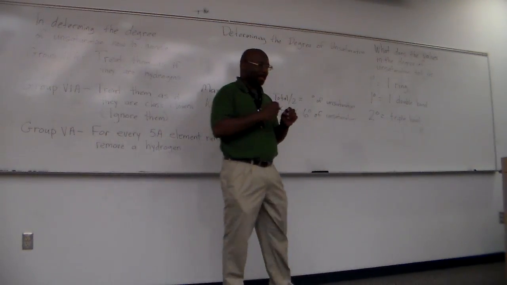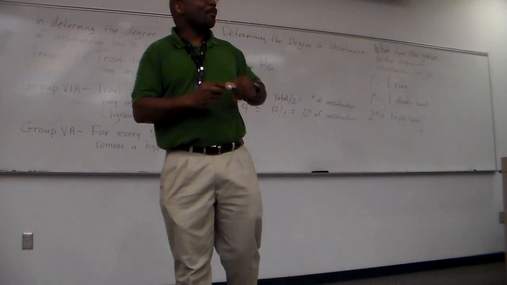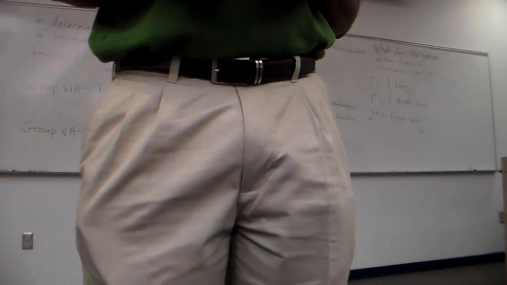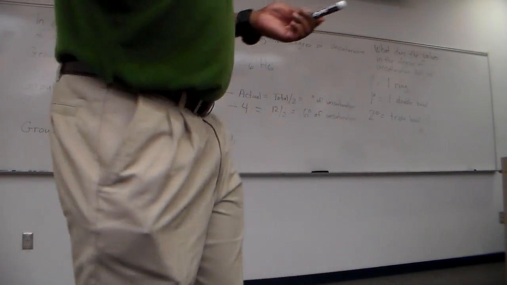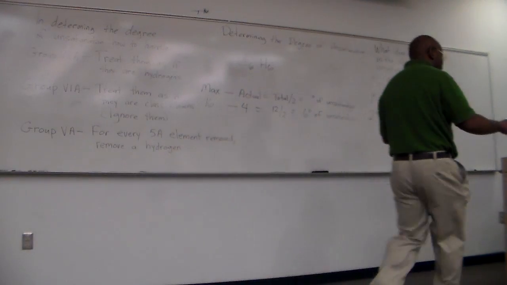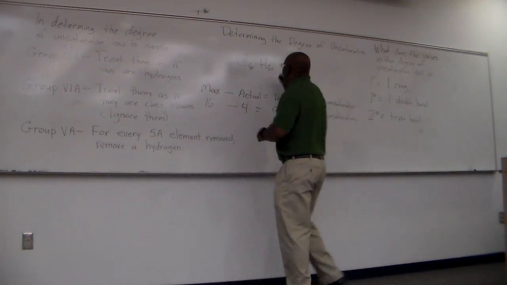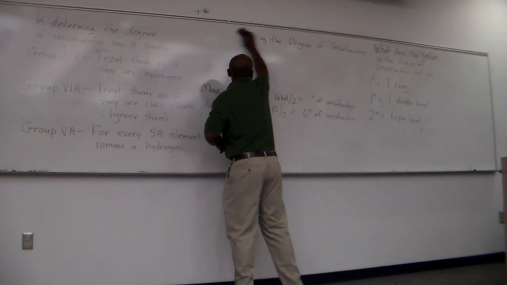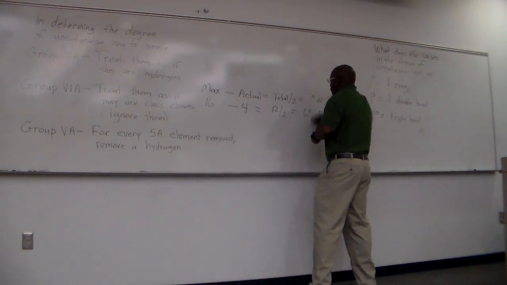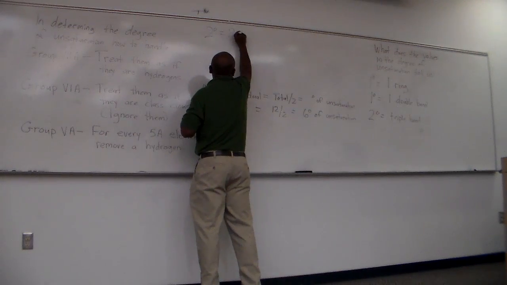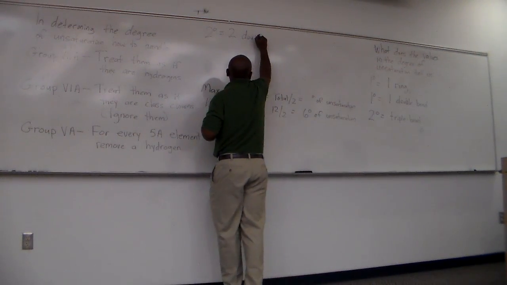What's another way to get a 2 degree? All we do is take those numbers we have so far and add them together. Give me a way to make a 2 degree. 2 double bonds. You also get a 2 degree by 2 double bonds.